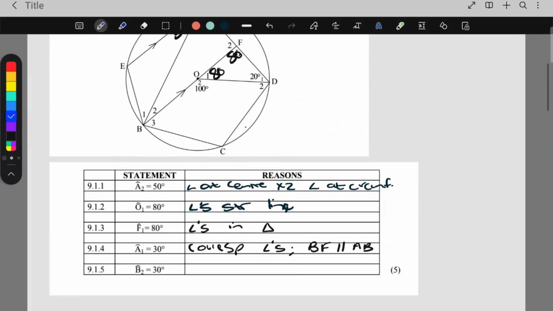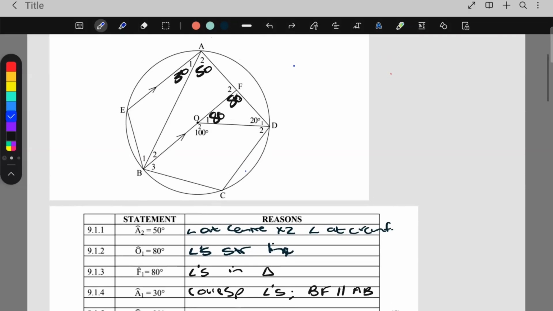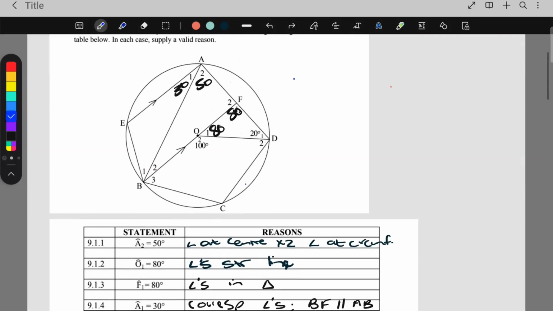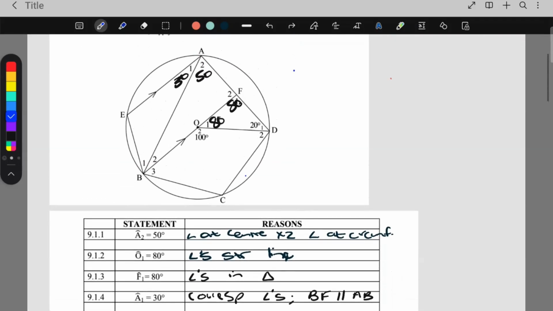Our next question is 9.1.5. Why is angle B2 also 30? B2 is over here, on a parallel line. There's a parallel and a parallel, and we have this transversal over here.